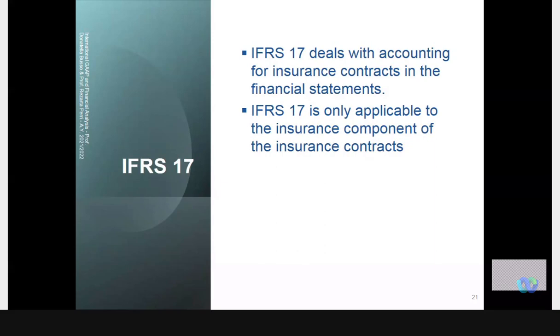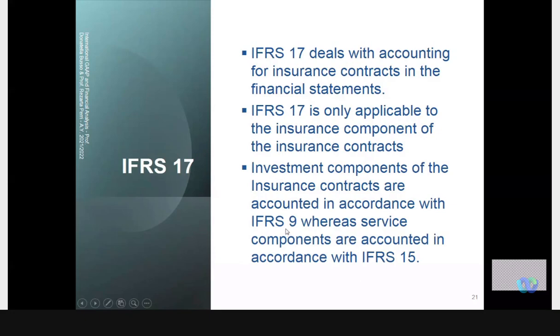Only this part will be regulated by IFRS 17. Whereas investment components are to be accounted in accordance with IFRS 9, and service components are to be accounted in accordance with IFRS 15. Now, what are investment components?